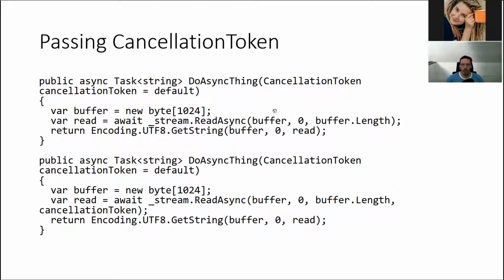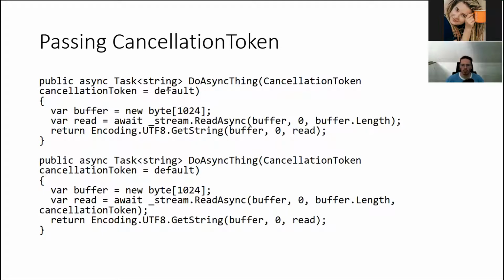For example, the ReadAsync method on the stream can take the normal three parameters: the buffer, the start, and the length of the data you want to read. But it's a good practice to pass the cancellation token. For example, in the first method, DoAsyncThing, I have a cancellation token, and I'm using default as the default value.